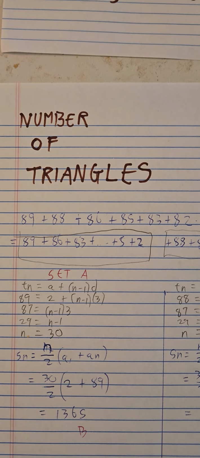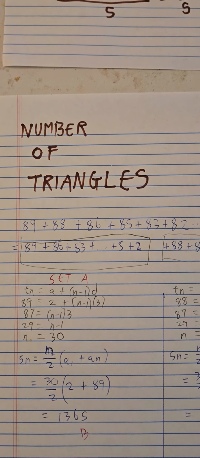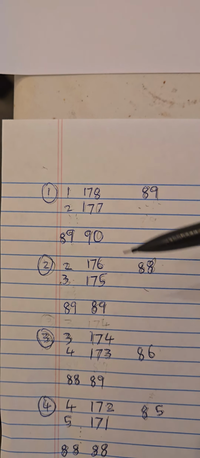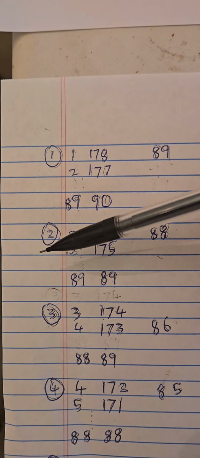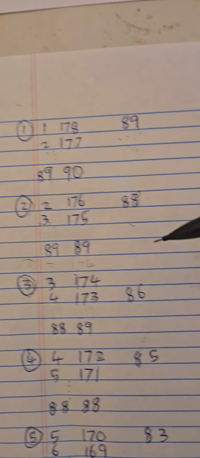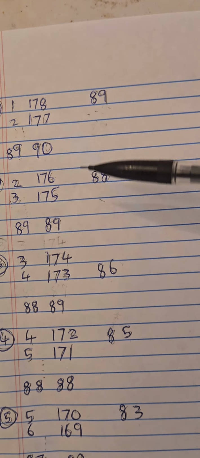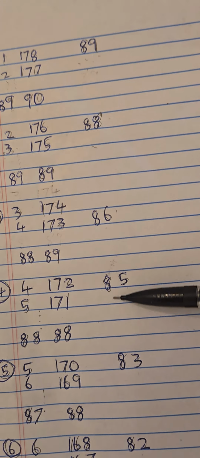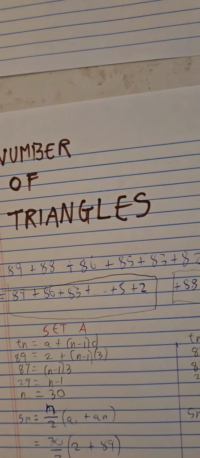The average is all the angles divided by the number of triangles. Well, we've got 89 triangles with 1, 88 triangles with the smallest angle 2, 86 triangles with the smallest angle 3. So we've got to add up 89 plus 88 plus 86 plus 85, etc., which I wrote here.